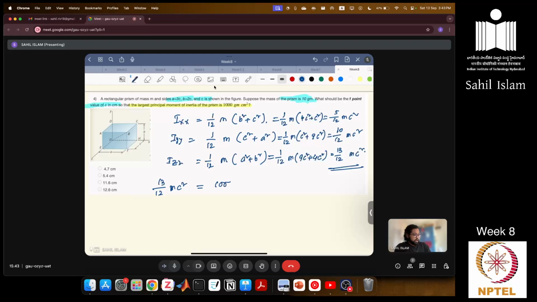This is 1000 gram centimeter square, and m is 10 grams. So 13 by 12 times 10 c square equals 1000 gram cm square.